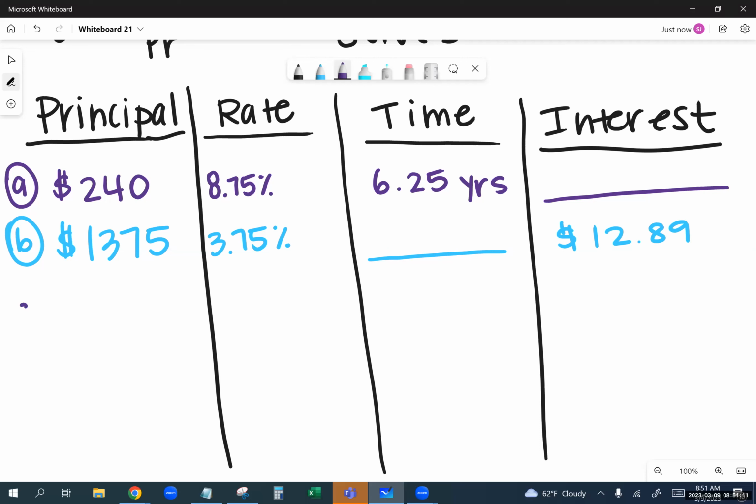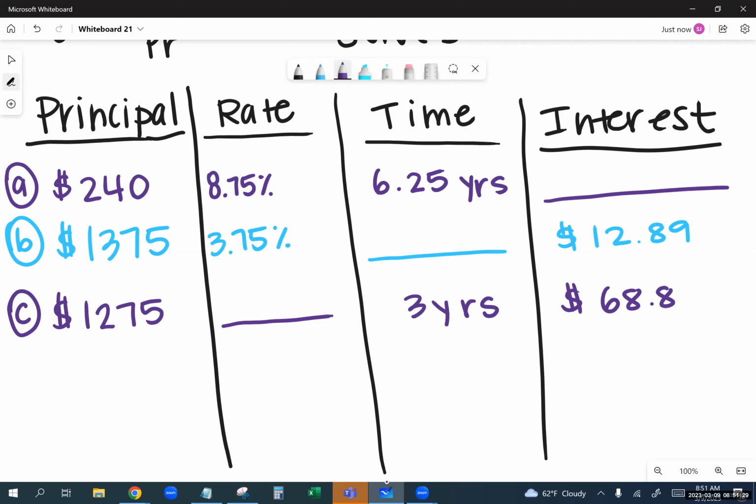For C, I have $12.75 total principal. A blank on my rate, 3 years. And the interest is $68.85.